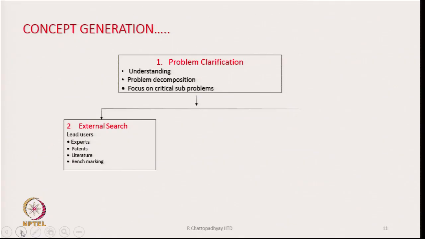Now, from there we go to the next step of concept generation, that is searching. After knowing what has to be done, next we have to go for search to find out solutions. One of them is external search, the other one, which we have not shown here, is internal search. Under external search we approach the following people or aspects.